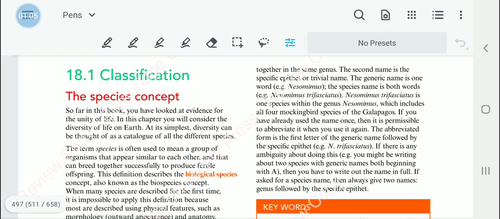Diversity is the variety of all the species living on this planet, the basis of all the different kinds of animals, plants and microbes who live on planet Earth.